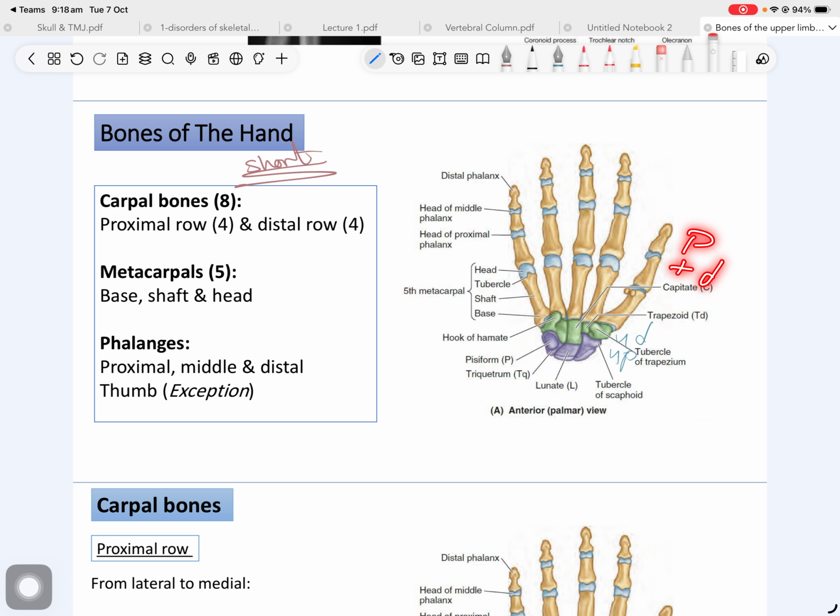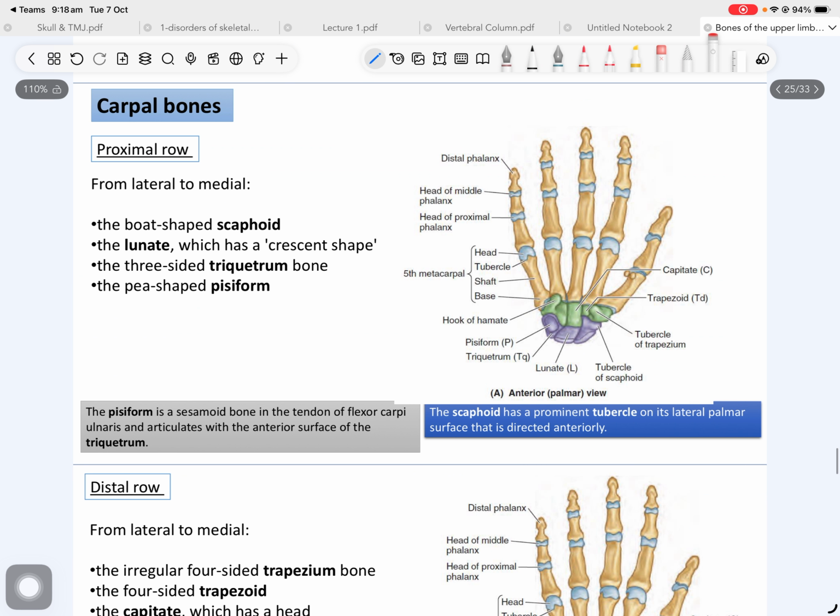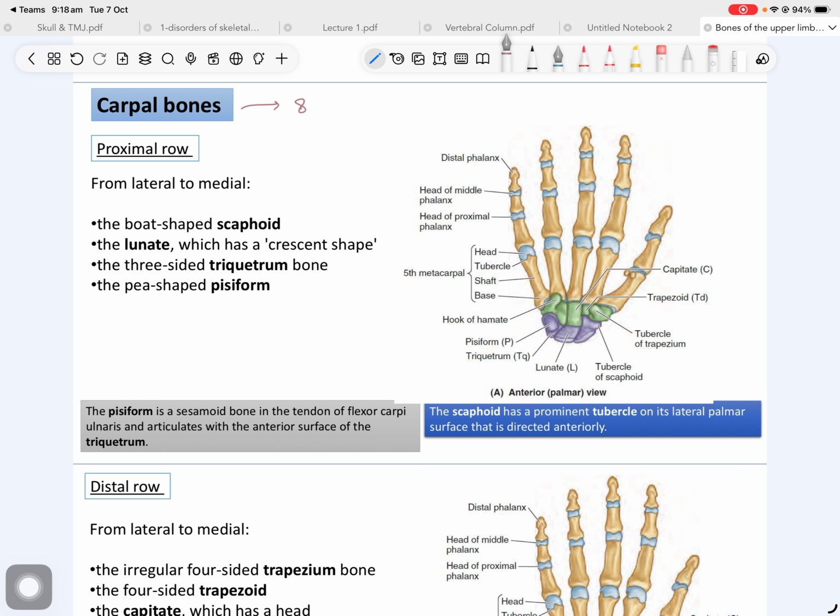Okay. Now let's talk about the carpal bones. We agreed they are 8 bones, with 4 in each row. So I have 2 rows, the proximal row and the distal row. I usually name them from lateral to medial. How do I know this is lateral? The thumb is located laterally in the anatomical position.